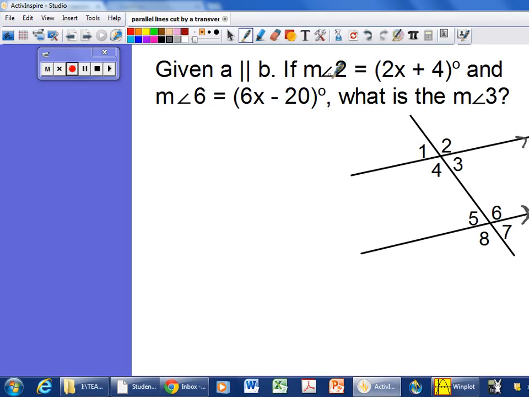If angle 2 is 2x plus 4 degrees, and angle 6 is 6x minus 20 degrees, what is the measure of angle 3? So first of all, we have to identify angle 2 and angle 6. Angle 2 and angle 6 are corresponding angles.